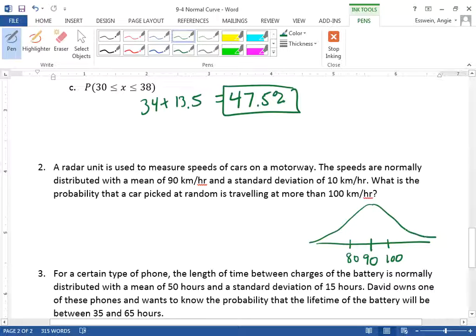And so what we're interested in is greater than or equal to 100. What's the probability that x is greater than or equal to 100? So we're going from here and everything above. We want to find all that area.